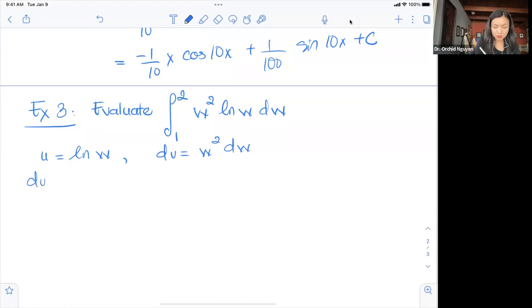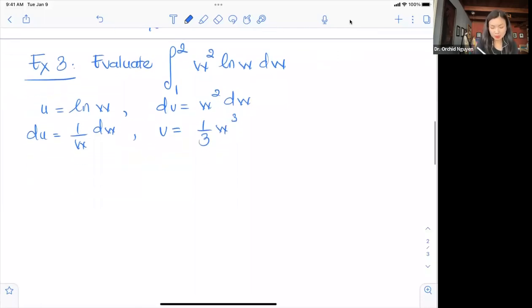So du is going to turn into 1 over w dw. And v is going to turn into 1/3 w cubed. Let's plug it in.